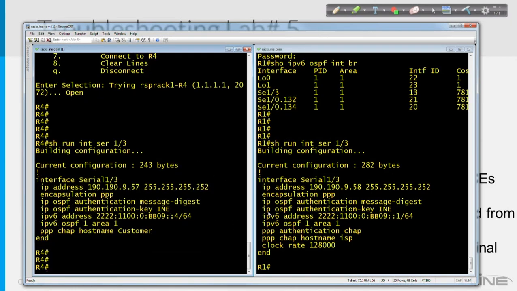The interface is not shut down, so that's good. Is it in the correct subnet and mask? Yes, 957, 958. The mask is the same. Encapsulation's PPP, okay. It's using the exact same OSPF authentication type, same password. From an IPv6 perspective, it's in the same subnet, although that's not really necessary. And OSPF area 1, okay.